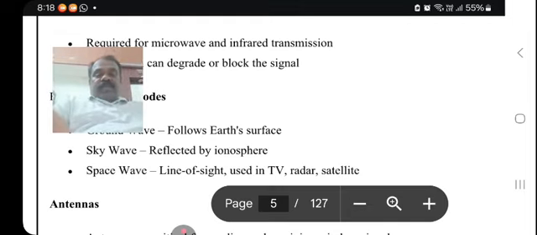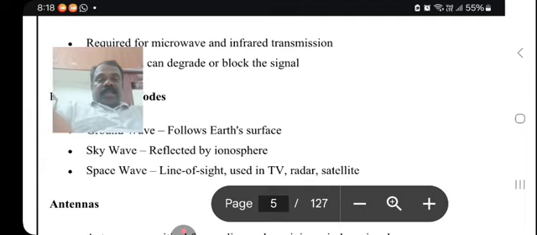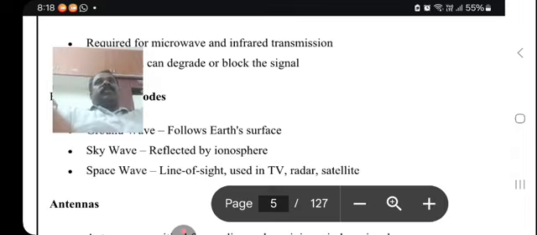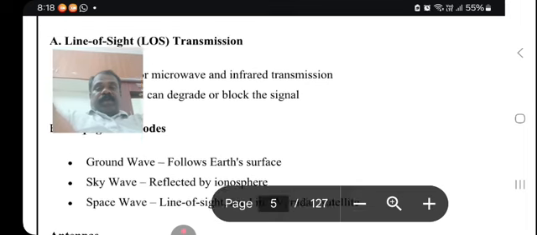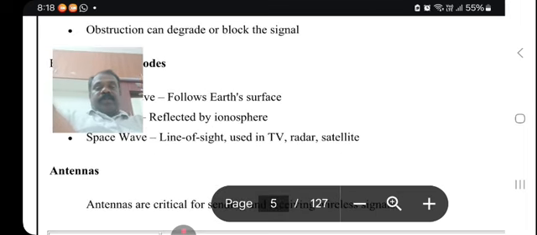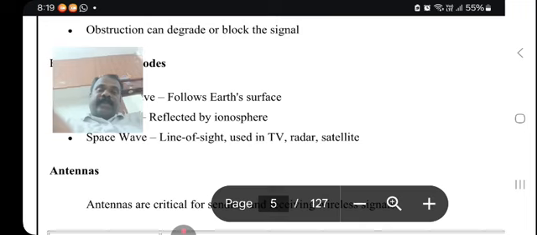A sky wave is reflected by the ionosphere, in and around our environment. Then the space wave is line of sight, used in TV, radar and satellites throughout the world.